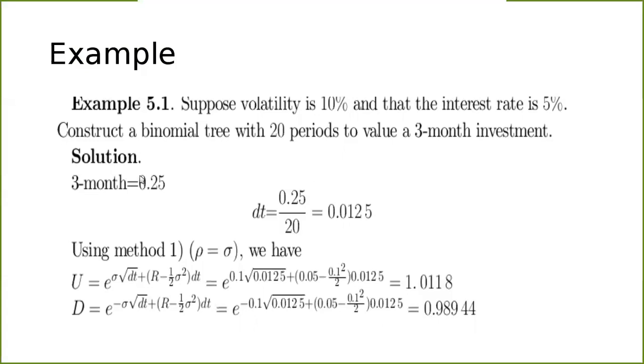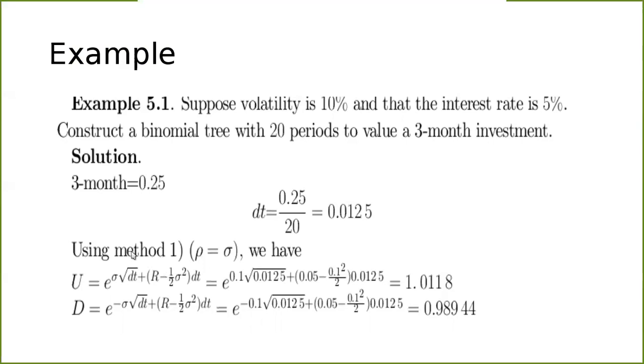So the solution will be that dt equals 0.25 because it is 3 months duration, divided by 20 because we would like to consider exactly 20 periods, and it will be this number.